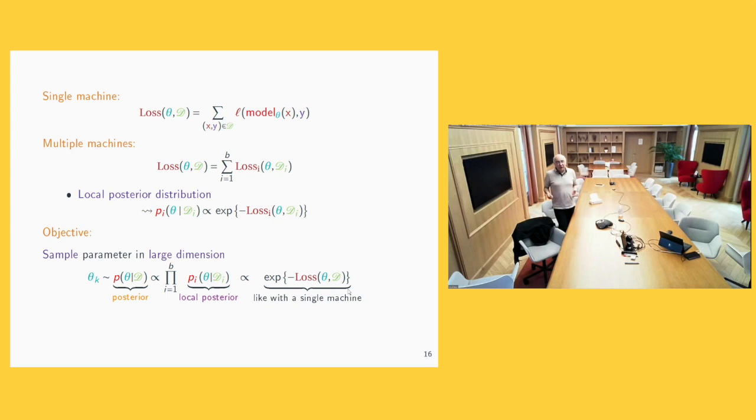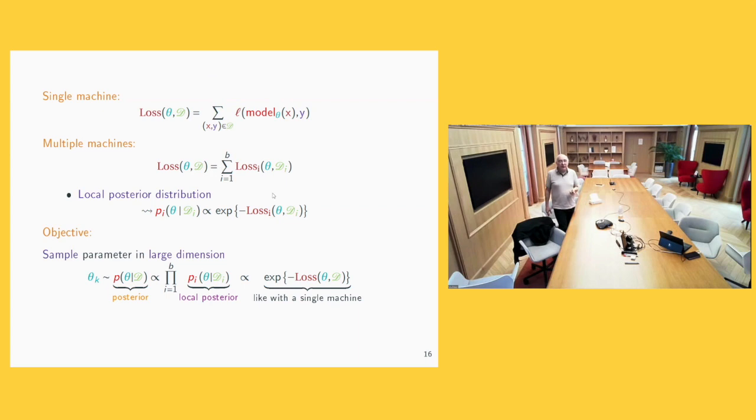Okay, but if you look nevertheless at distributed and federated learning, it's basically always the same type of question. The data are distributed on B users, so each user has his own local posterior.